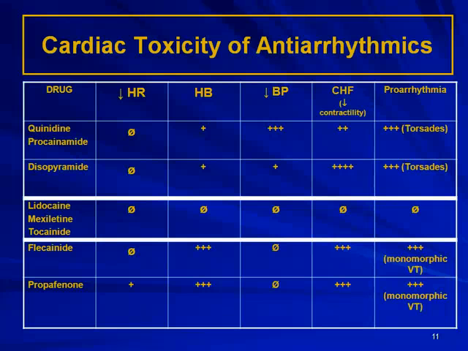And the interesting thing about these drugs, I mentioned earlier when we talked about the electrocardiographic effect of these drugs, is that the proarrhythmia that occurs with flecainide and propafenone is a monomorphic VT. It's not typically associated with delayed or prolonged ventricular repolarization. So these drugs can widen the QRS complex.